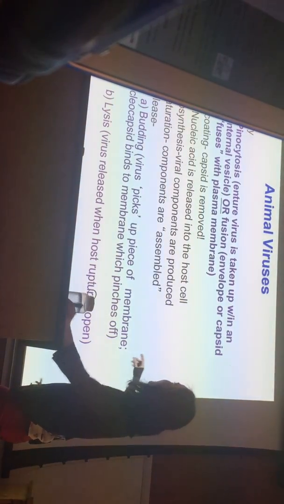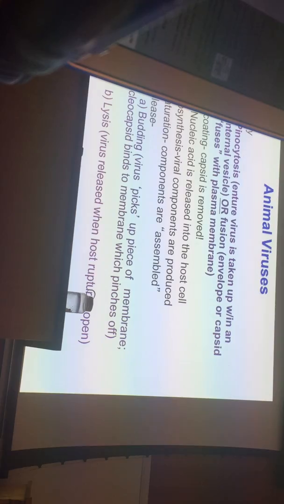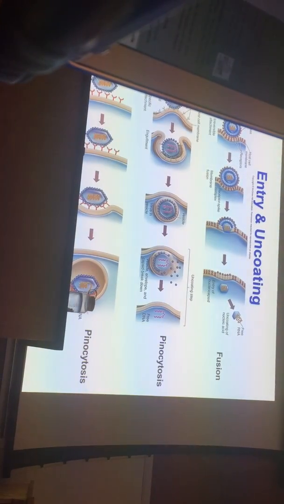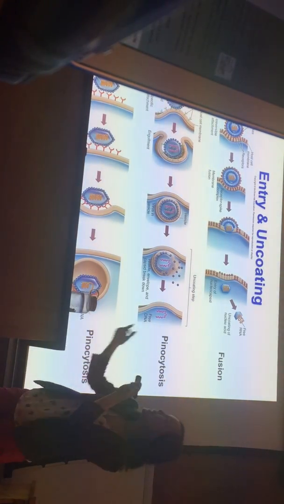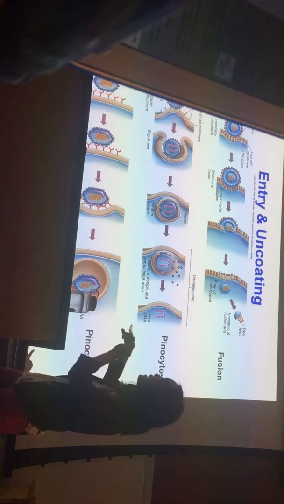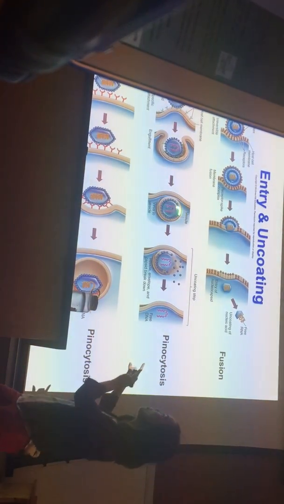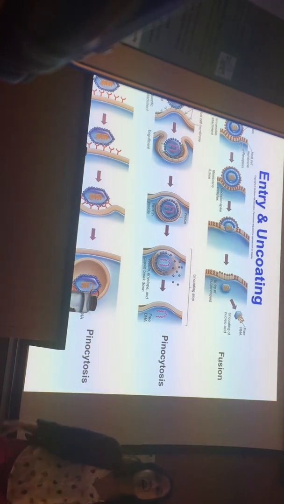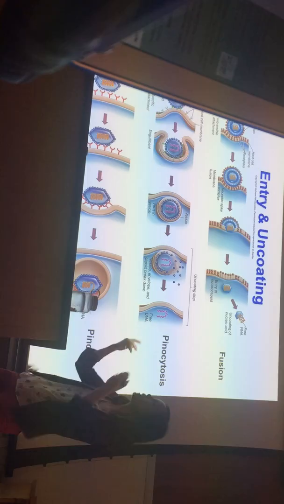I don't want to get into every single detail behind pinocytosis and fusion. I just wanted to show you in the middle. When I use that word pinocytosis, what I mean is that the whole virus actually enters your cell. The virus attaches to you, sinks in a little pouch, and then the whole virus enters the host cell. Fusion is a little bit different.